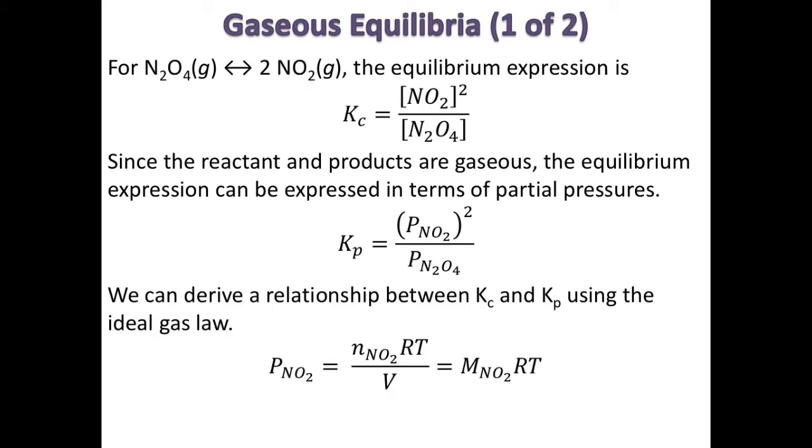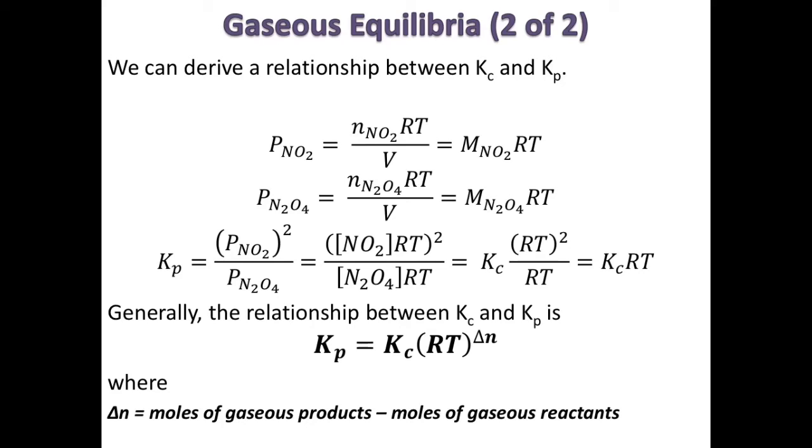And we can also derive a relationship between Kc and Kp using the fact that the ideal gas law can put pressure in terms of molarity, and that is pressure equals molarity times RT. Substituting partial pressures with molarities, we find that the Kp is equal to the Kc times RT.